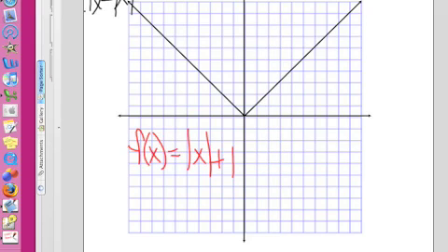This is still in the form y equals mx plus b. So the slope of my lines are still 1 to 1. But now the vertex of this thing is crossing the y-axis at positive 1. So by simply placing a number in the b location of this function, that shifts the graph either up or down, because it tells you where the vertex lies in reference to the y-axis.